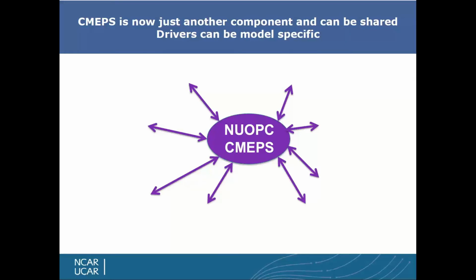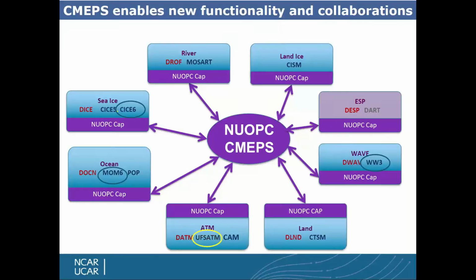So where the model-specific capability, or restriction, comes in is that the drivers are model-specific, but the hub is not. So what happens when we put the mediator in terms of the CESM components is that you can still have the ability to have these data models be swapped for prognostic components.